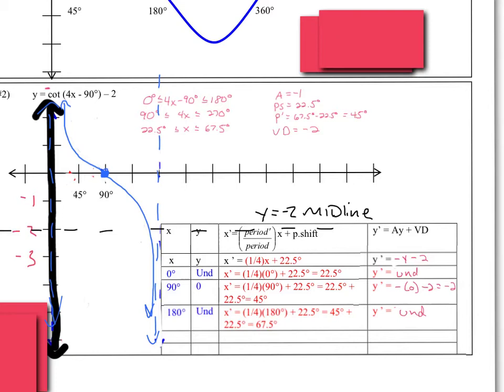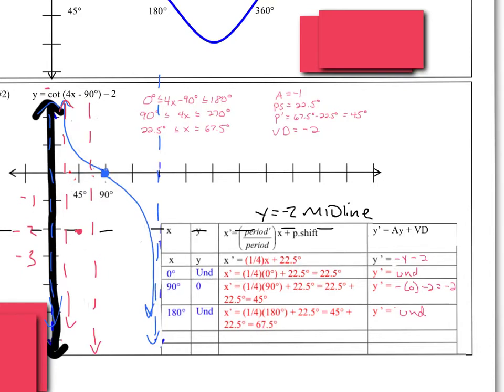Now my points that I have: 22.5, undefined. That's halfway between 0 and 45 degrees. I have an undefined at 67.5. That's halfway between 45 and 90. And I have a point at 45, negative 2. That's right here on the midline.